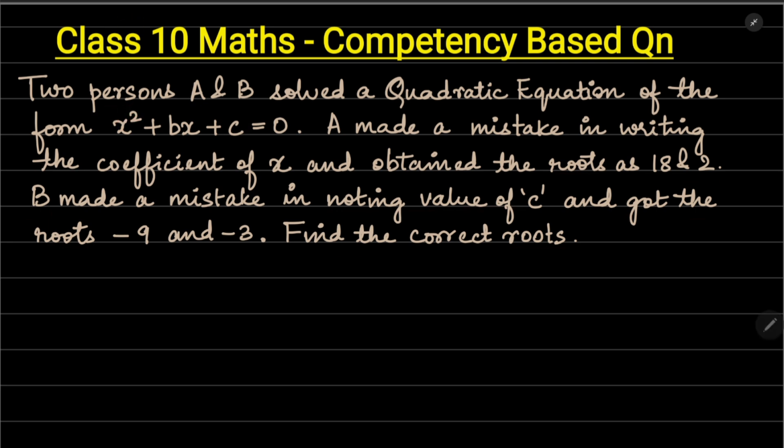Now, what is the standard quadratic equation? It is ax square plus bx plus c, right? Suppose alpha and beta are the roots of this quadratic polynomial, or if you say equal to 0, it becomes a quadratic equation.